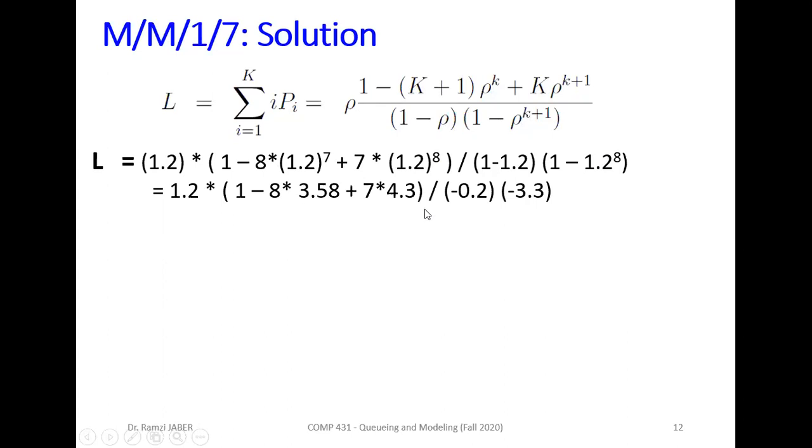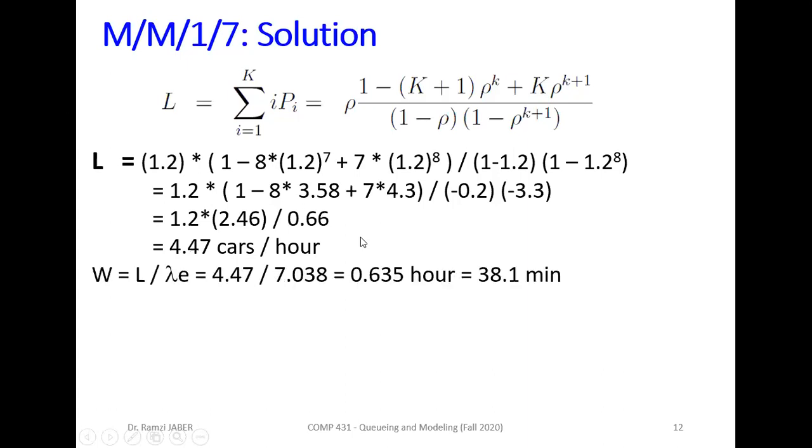This gives, on average, 4.47 cars inside the system. So L, the average number of cars inside the system, will be 4.47 cars. Now we have mu.